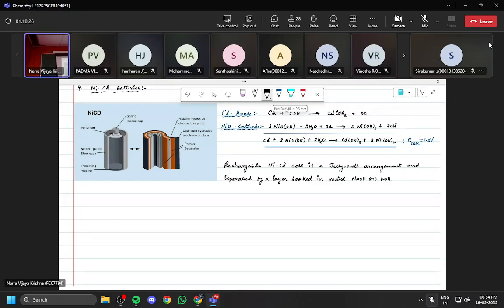One more cell called addition cell, or we call it nickel iron accumulator. Let me write it as the 5th type. Addition storage battery, addition storage cell, or we also call it nickel iron accumulator.